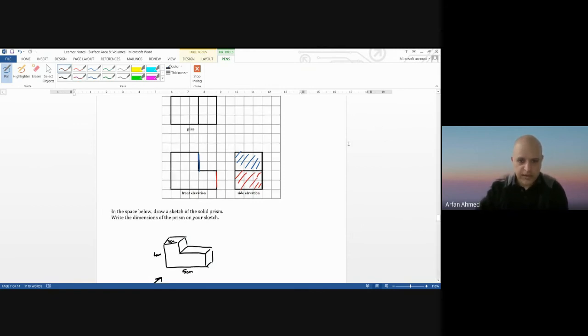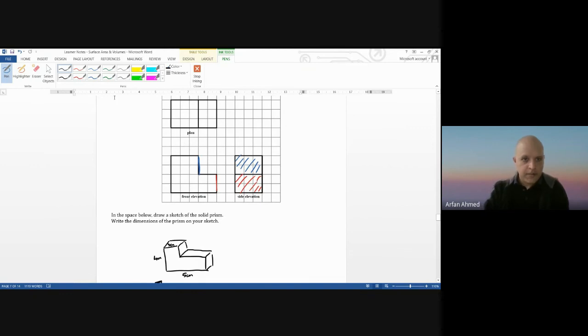Yeah, let's just double check the plan. Again, the plan is going to be this bit here, this green bit here is that there. And let me try a different color. In fact, I'll do it in black. And this bit here is this, which again, you can only see from the top. You're not going to see it from any other angle.